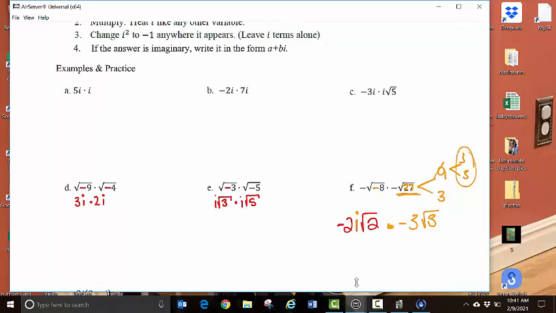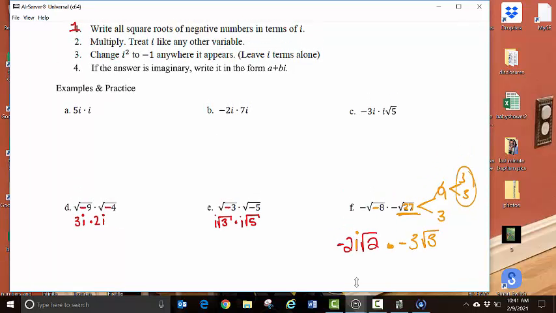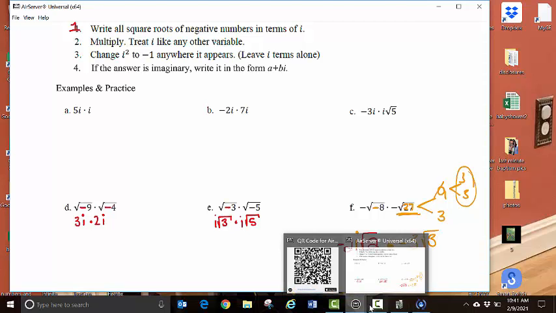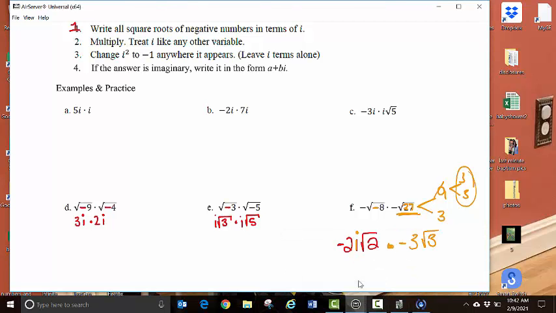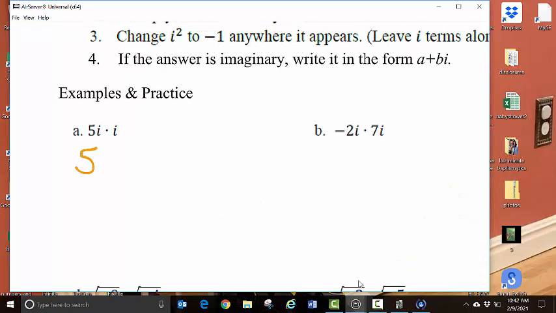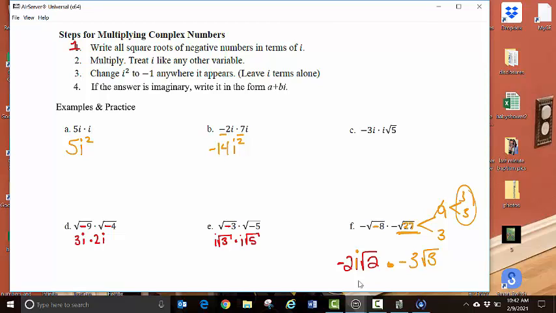Step 2. So 5, i times i is i squared. Negative 2 times 7 is negative 14. i times i is i squared. Negative 3, i times i is i squared, square root of 5. That's it. Okay, we're just doing step 2.